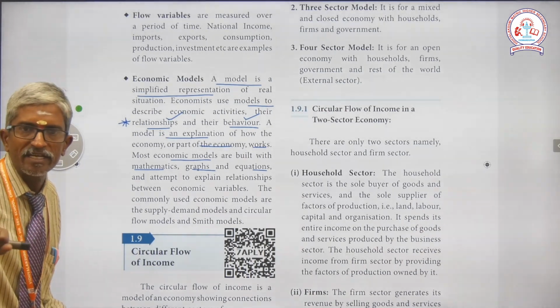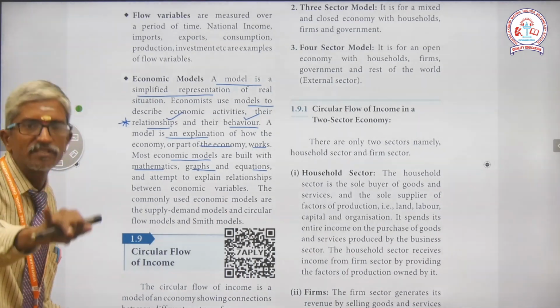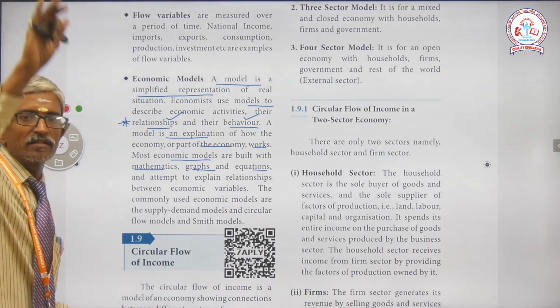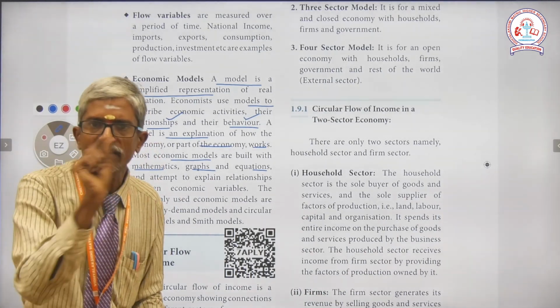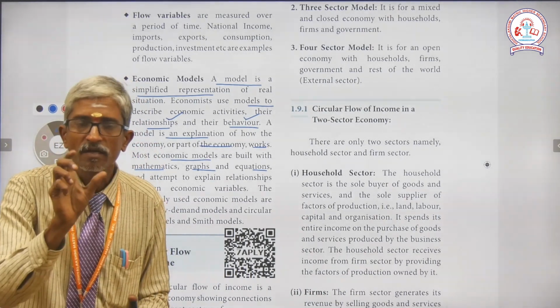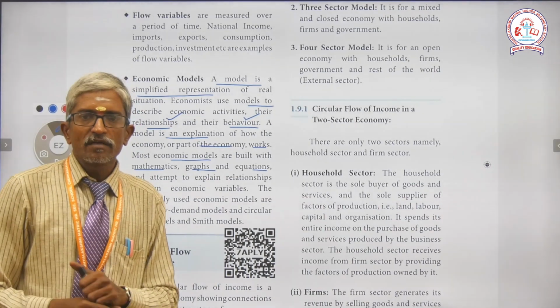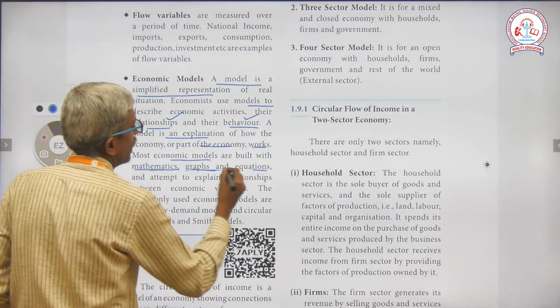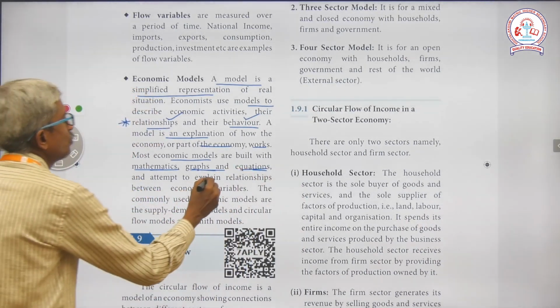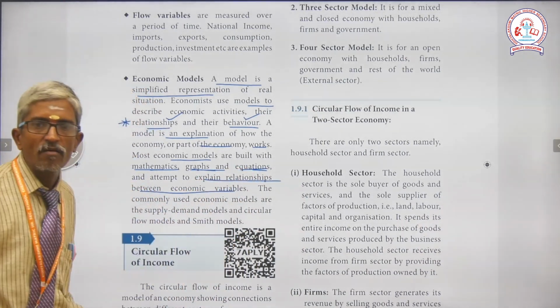Sure, they will apply mathematical rules here. Next, graphs to represent. And finally, a lengthy statement we can write in one simple line, that is an equation. So mathematics is completely useful here. Mathematics, graphs and equations explain the relationship between economic variables.